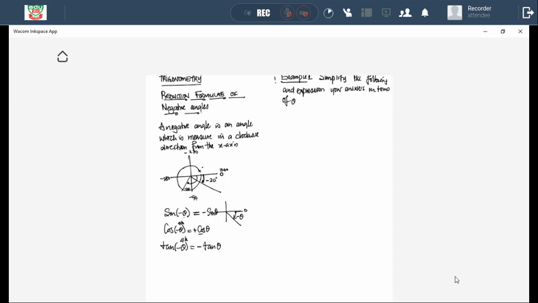In terms of theta, right? You are given something like sine theta minus 180, something like that. Right. Look at my first example.